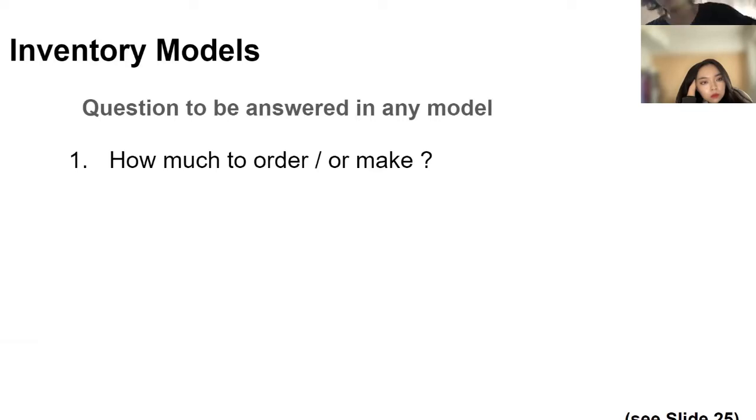For example, I need gloves for my production line, or in surgery you need gloves and needles. In 1 year I use 10,000 and usage is fairly constant. When should I order? How much should I order?